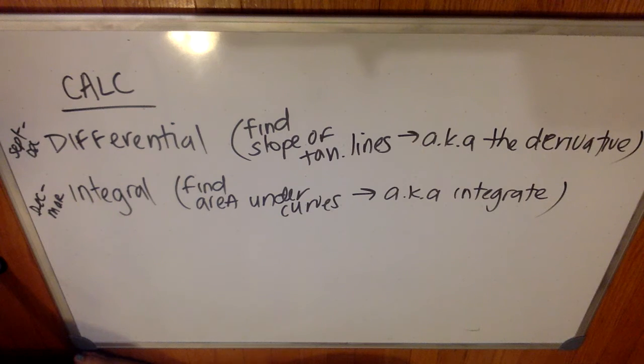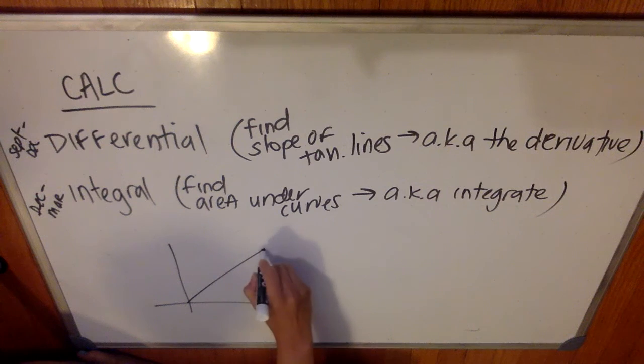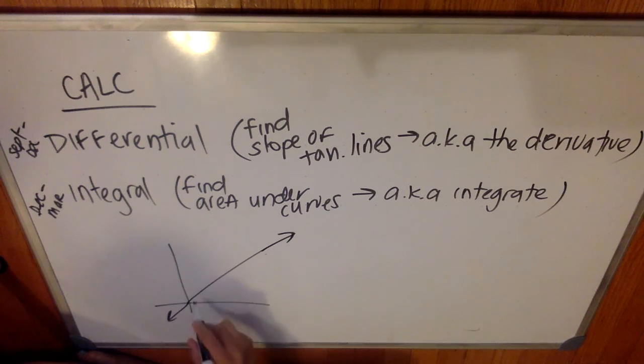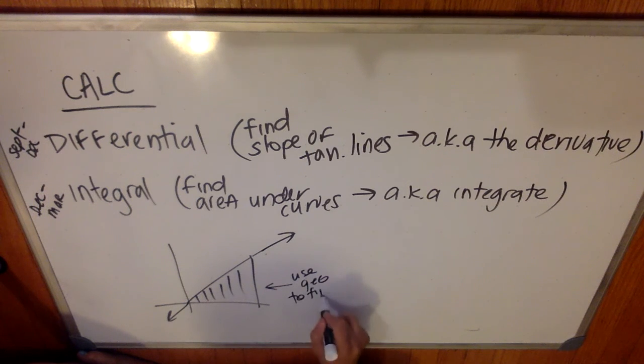For instance, if I asked you to find the area under this curve, let's say this is my curve, and I asked you to find this area right here, you could find this using geometry because it's just a triangle.